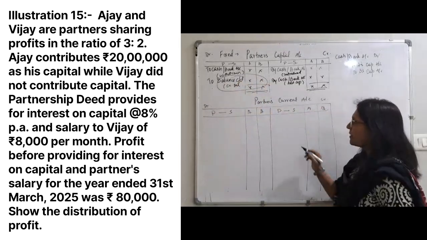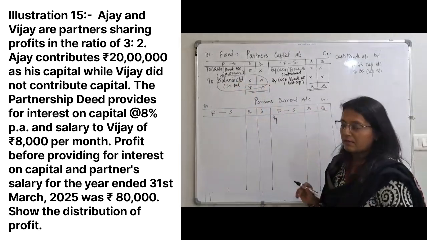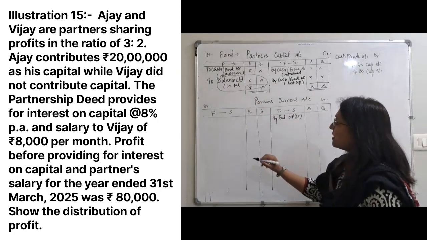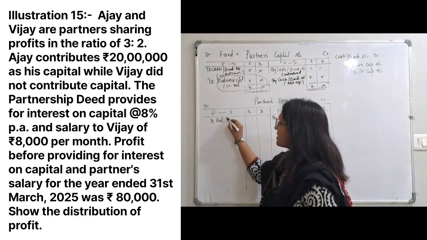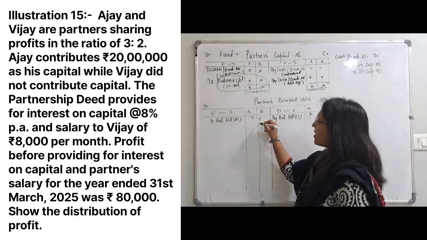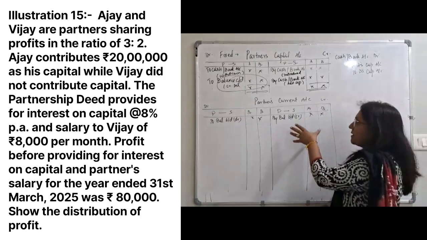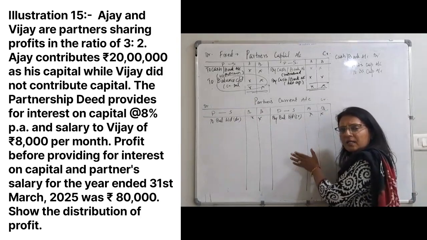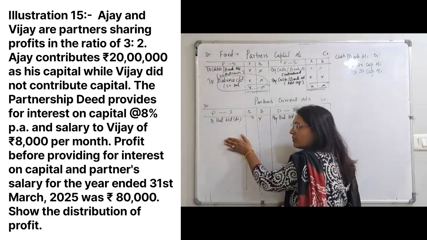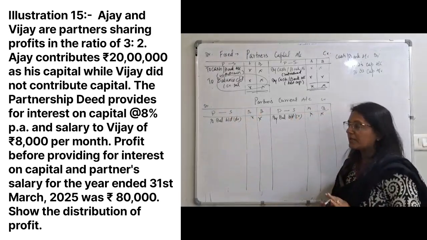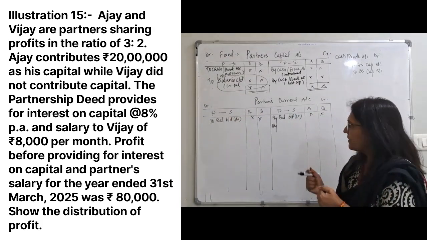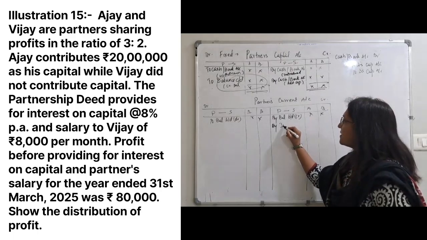Current account: if there is a credit balance, by balance brought down, this is credit balance. If there is a debit balance, to balance brought down, debit balance. Whatever the partner is getting will be on the credit side. Whatever the partner takes home, whatever amount is withdrawn from the partner's account, is on this side. When the partner gets interest on capital, he is getting it, right? So interest on capital.